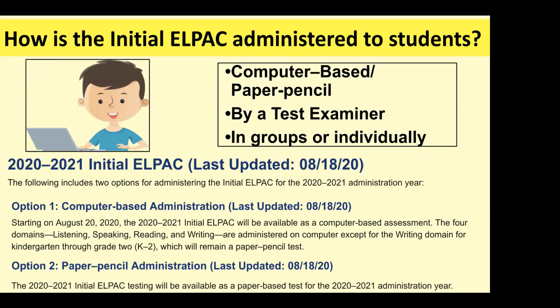Grade 2 listening and reading will be computer-based and administered one-on-one. However, the writing domain in grade 2 will continue to be paper-based and can be delivered in small groups. For students in grade 3 and above, the listening, reading, and writing sections are administered in a group. The speaking section is always done individually.